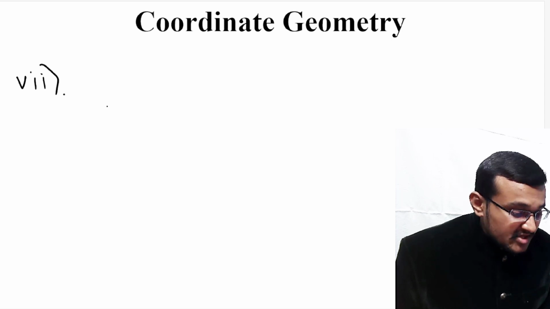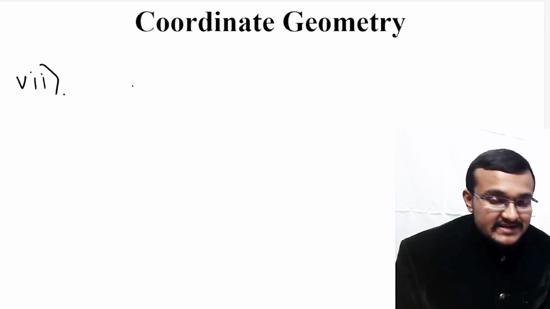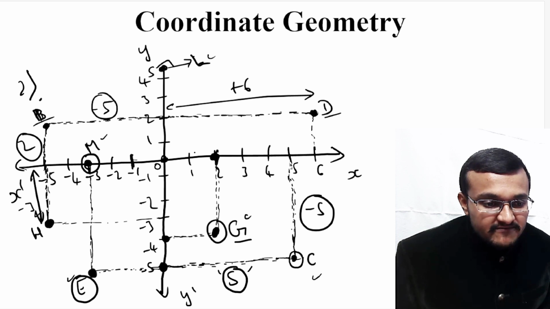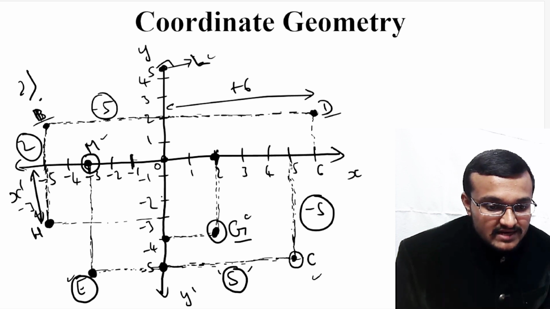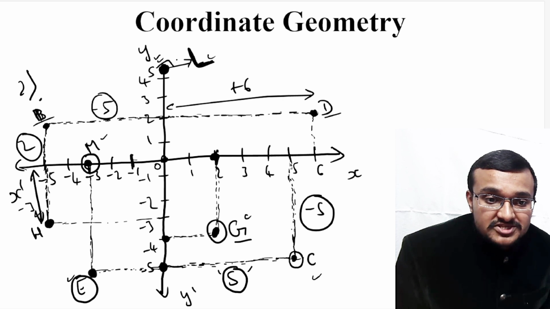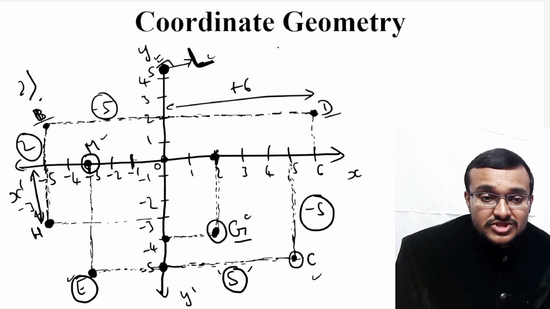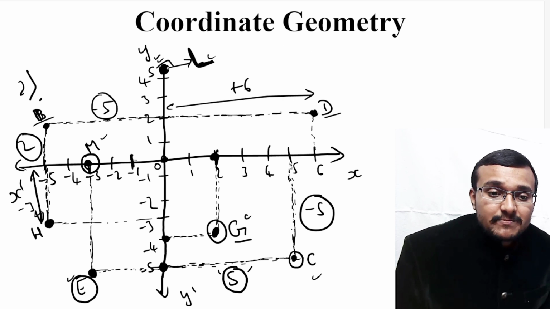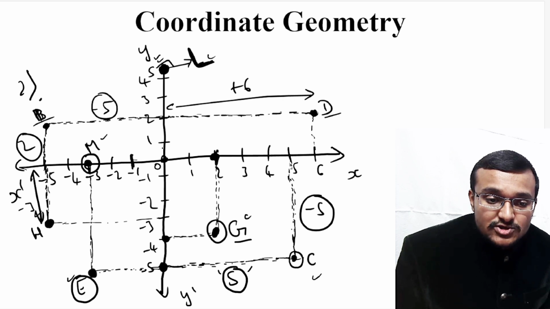In the seventh question, you have to identify the coordinates of point L. Here you have to see where L is. L is somewhere here, you can see I have written L here. So L is at plus 5 position on the y axis. If you draw the perpendicular line from L to the x axis, that will be the y coordinate.